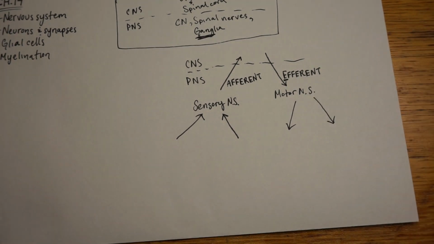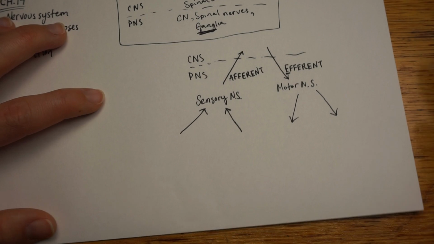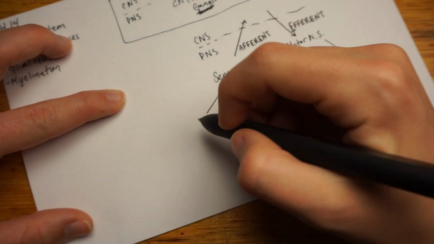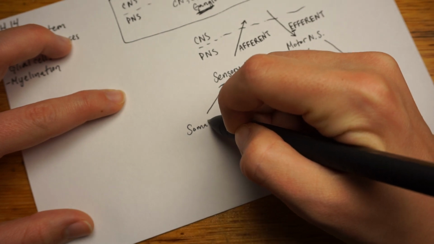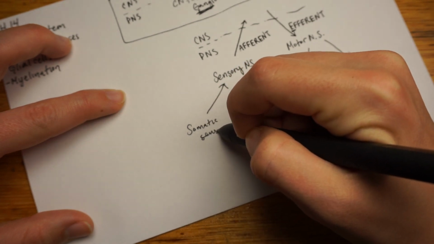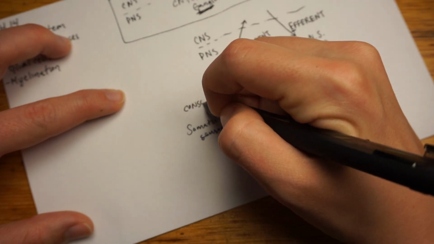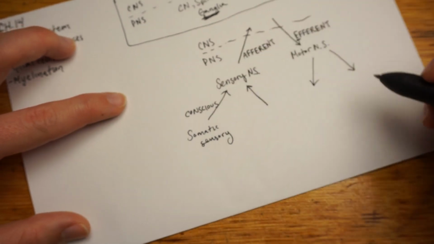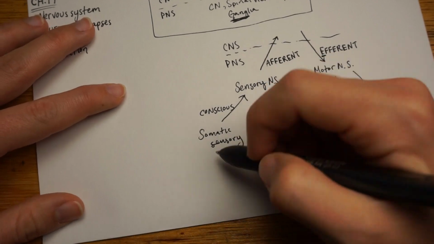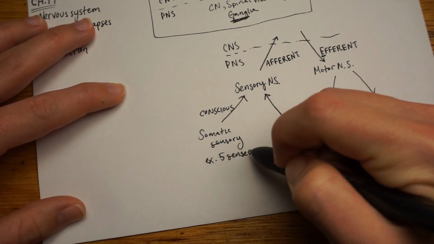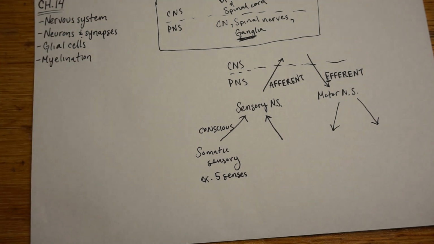So let's start with sensory, right? The first one is you can consciously perceive it. This is known as somatic sensory. This is conscious. You're consciously aware. The example of this is your five senses. You're aware that you're touching something, or you're smelling something, or you see something.